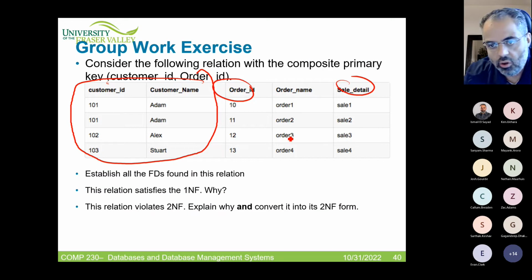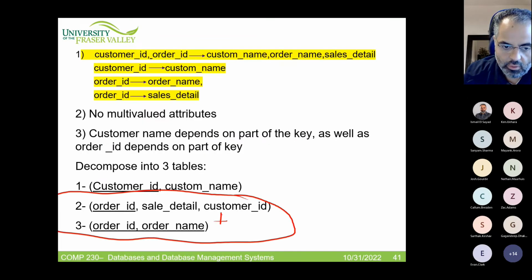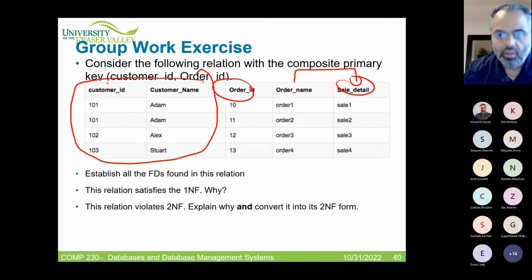But wait, Josh, do the order name and the sales detail have a relationship between each other? Because you put them in the same table. Yes, they have a relationship between each other, but since we're only doing the second normalization, I assume that's fine. That's good. You are correct.